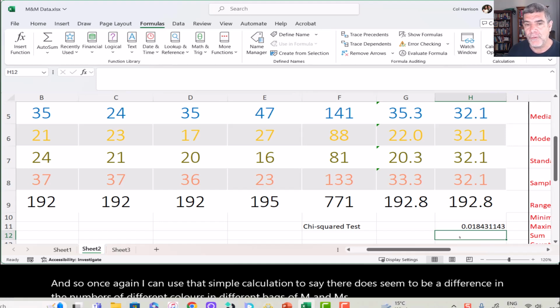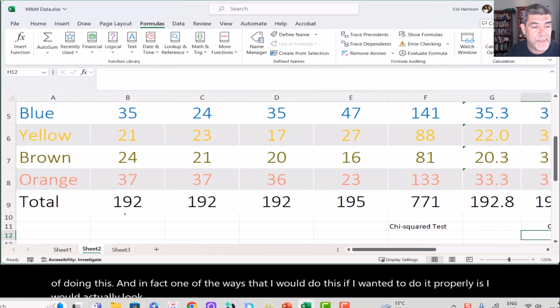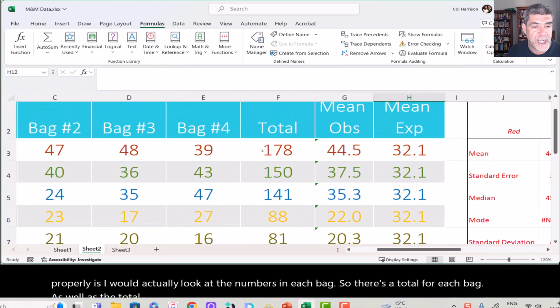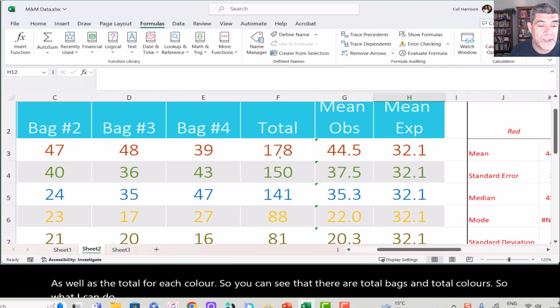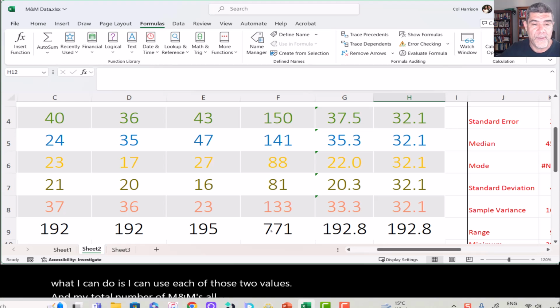Now, this is a very general way of doing this. In fact, one of the ways that I would do this if I wanted to do it properly is I would actually look at the numbers in each bag. So there's a total for each bag, as well as the total for each color. So you can see that there are total bags and total colors. What I can do is use each of those two values and my total number of M&Ms all up in all of the bags and use that to do a calculation.